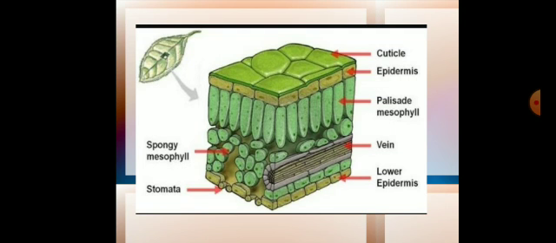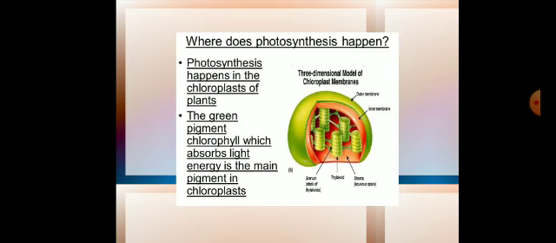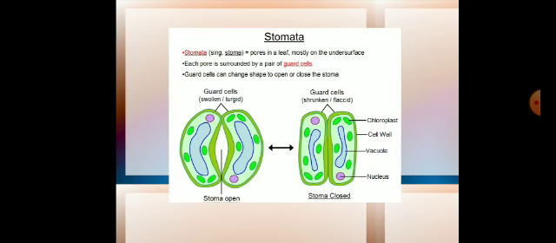You should remember one thing also: during the daytime, when photosynthesis takes place, stomata remain open to let carbon dioxide from the atmosphere enter the leaf. You can see in the first picture, stomata is open.